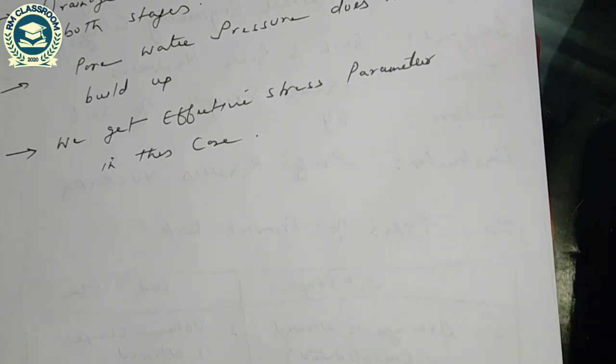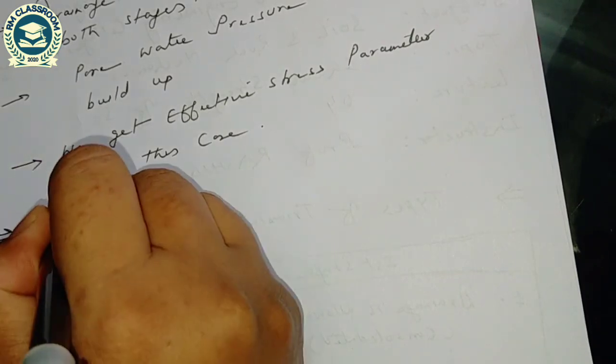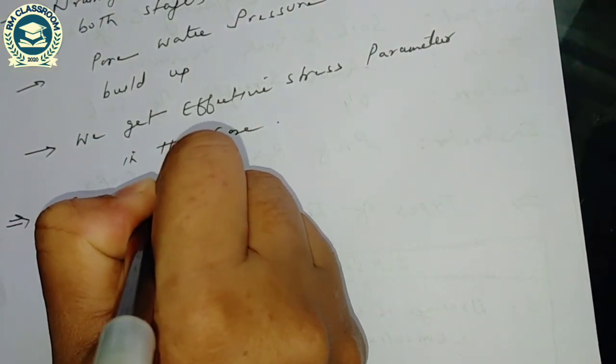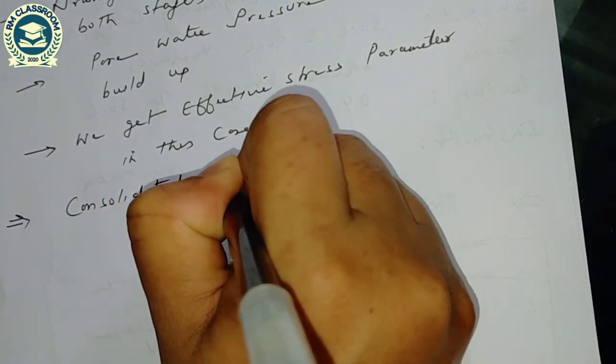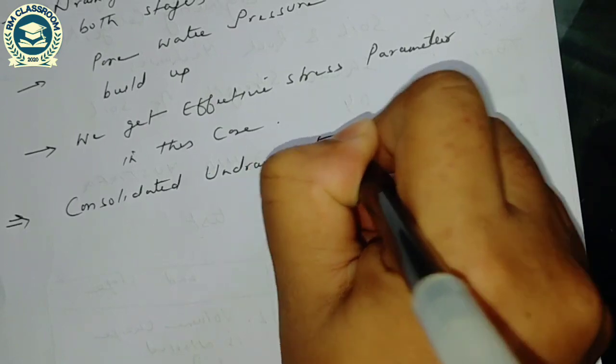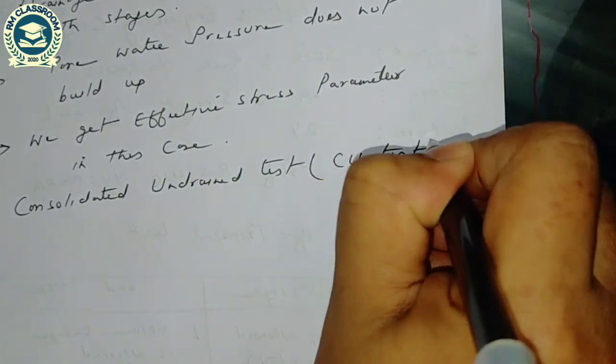Second test is consolidated undrained test, or it is also known as CU test.